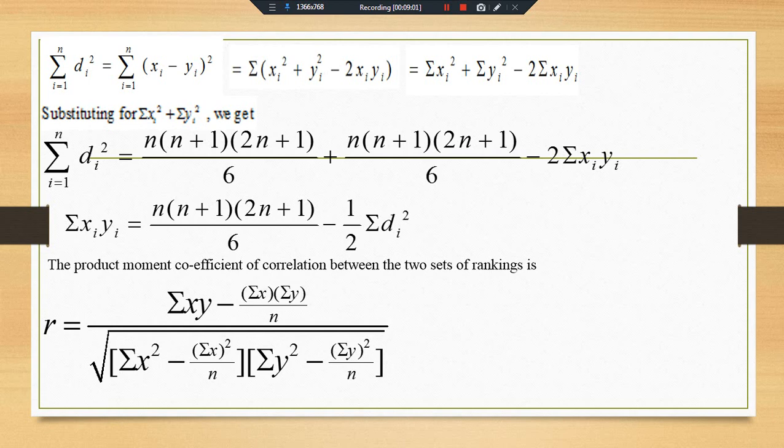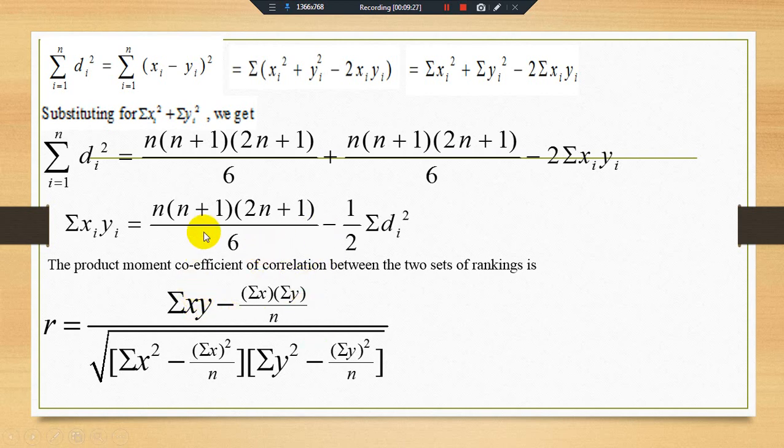So let's see, here we have summation xy, summation x and summation y, and here we have summation x square minus summation x whole square divided by n, and this part we have found is equal to each other. And the outcome of this is also equal to n into n square minus 1.